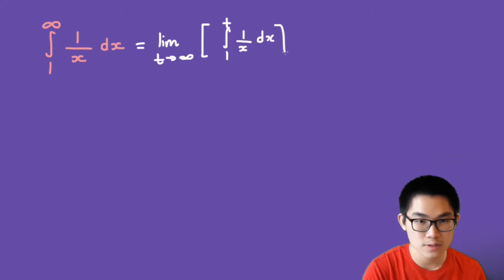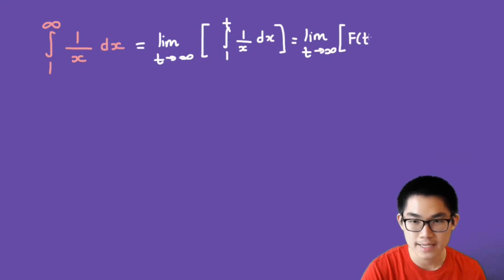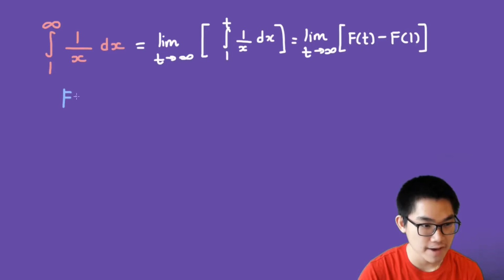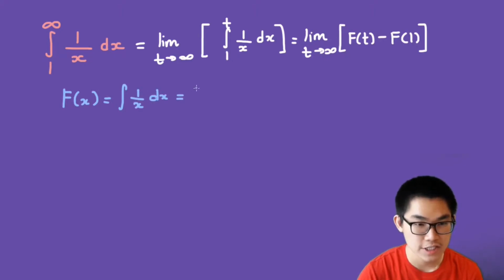Then we can use the second fundamental theorem of calculus, and we get the limit as t approaches infinity of f of t minus f of 1. The antiderivative f of x will be equal to the integral of 1 over x dx, which is just ln x plus c.